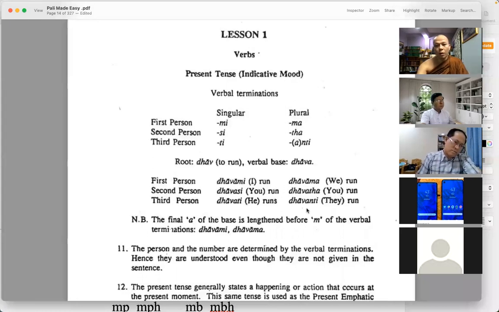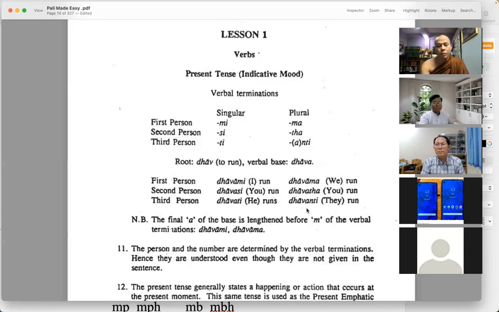So, like in other languages, in every language, the verb is main. The verb is the most important part of a language. So in the same way in Pali also, the verb is the most important one. That is why in the first lesson we will learn the verb.